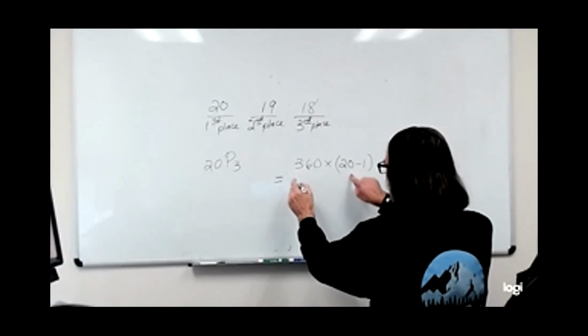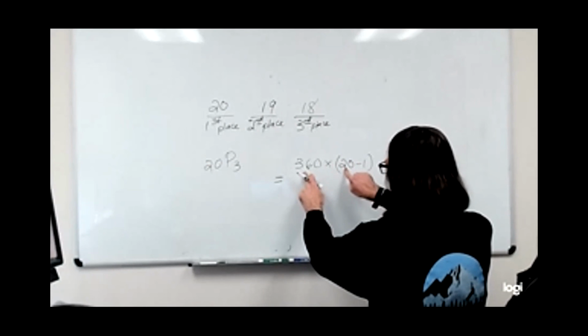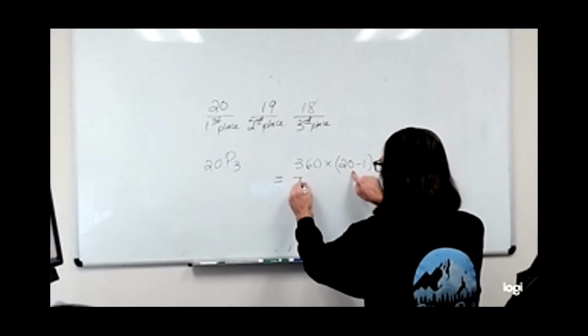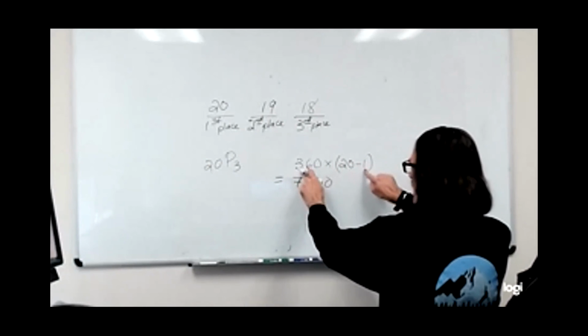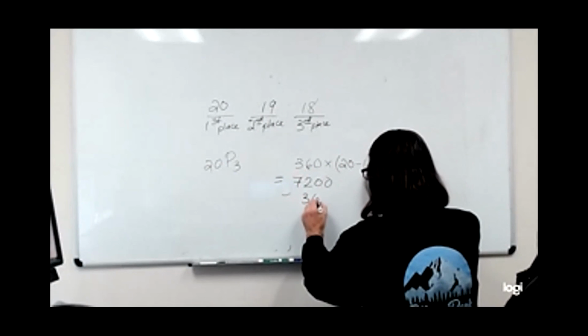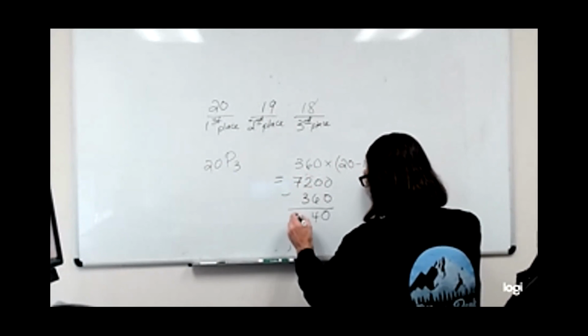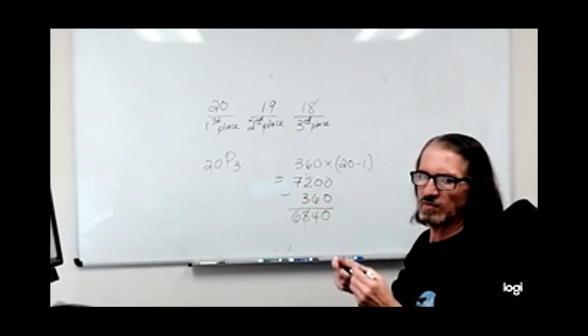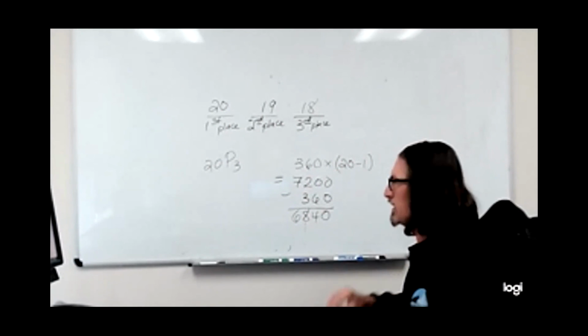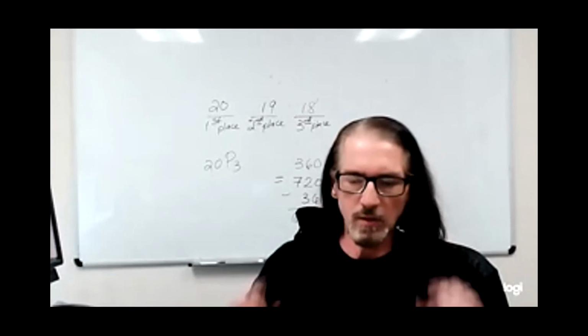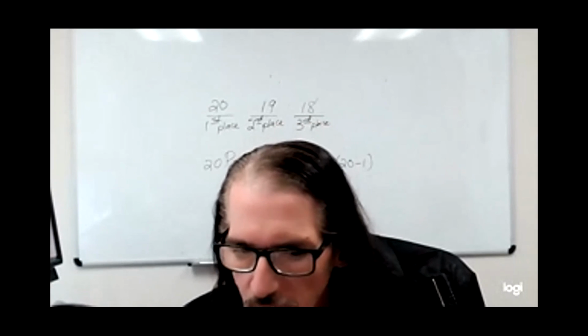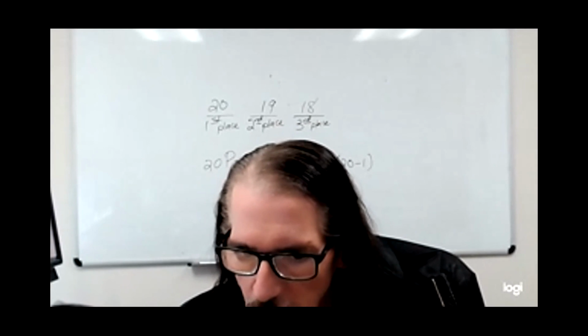We'll distribute. 36 times 2 is 72. So 7,200 minus 360. I believe we're going to get 6,840. Let's see if that's what comes up on the TI-84.